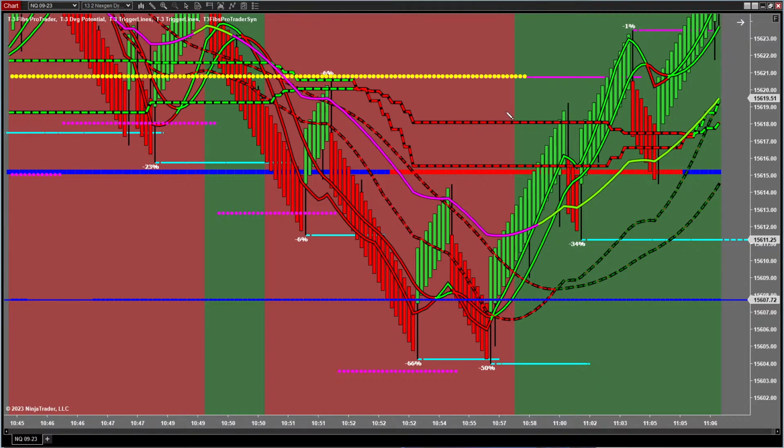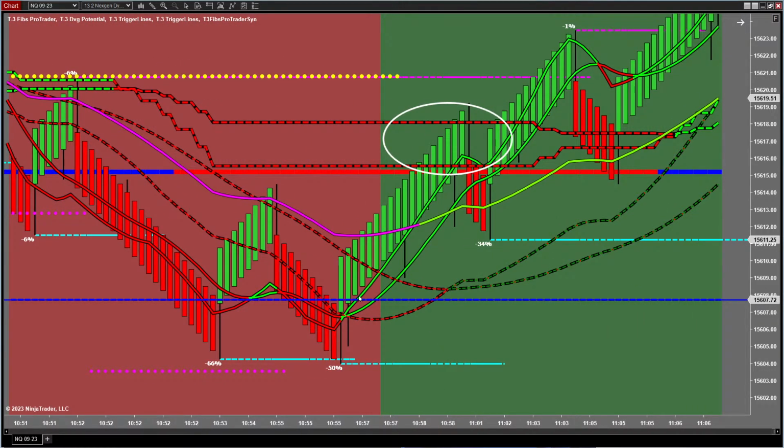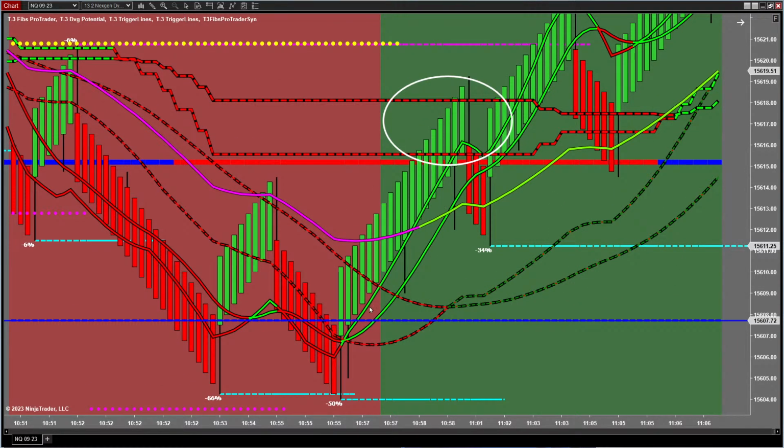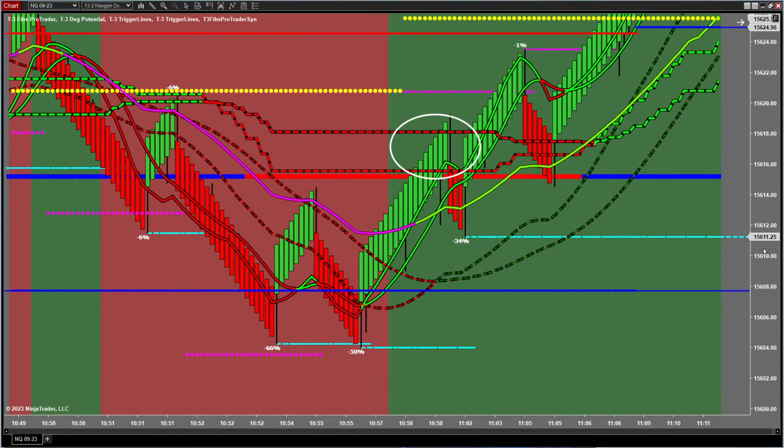But if you were trying to go short right here, what he's saying is that if the small triggers are really strong and pushing against you, it's better not to go short against strong small triggers pushing really hard up into you. Does that make sense? See how they're right on the bars and they're really pushing hard? I think that's the look he's talking about.